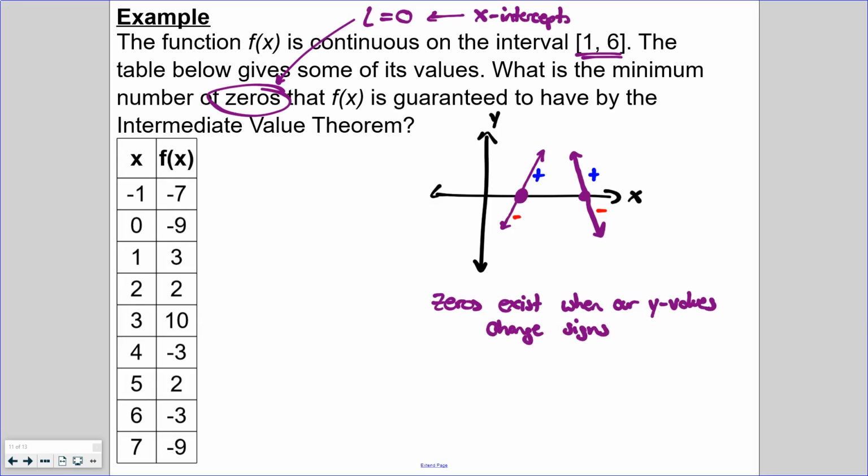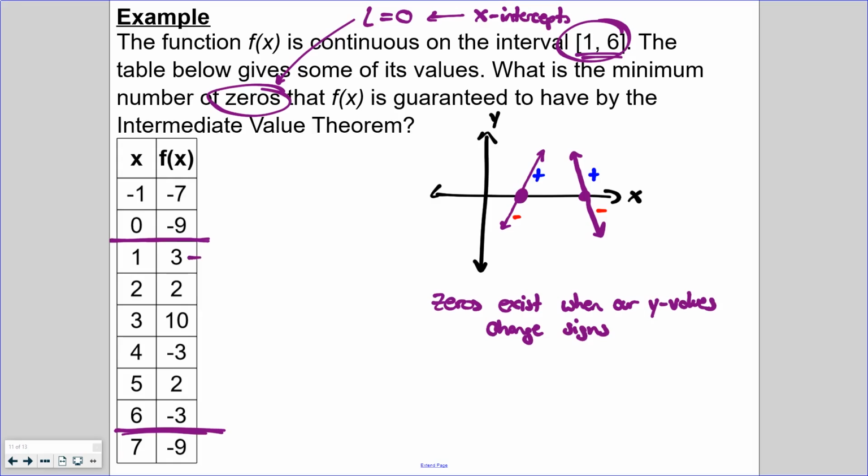So, to figure out the minimum number of zeros of this particular function, we just need to figure out how many times the signs change with our y values. And we have to make sure that we're looking on our interval, so we are looking from x equals 1 to x equals 6.